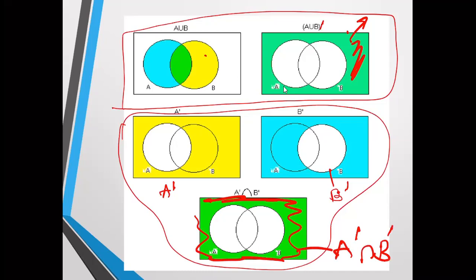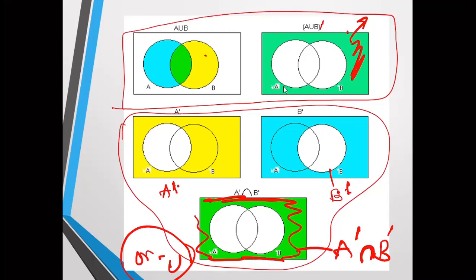Sorry, mistakenly I said O, not the term O. We have to use A dash and B dash, sorry for that. Or means union, right? Intersection means and. So we have represented A dash here, then B dash here, and we need to find A dash and B dash.